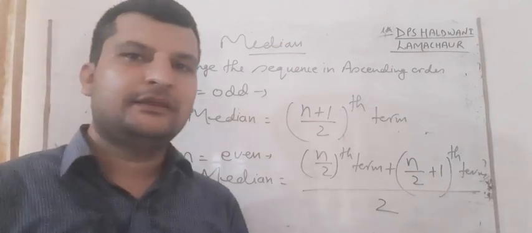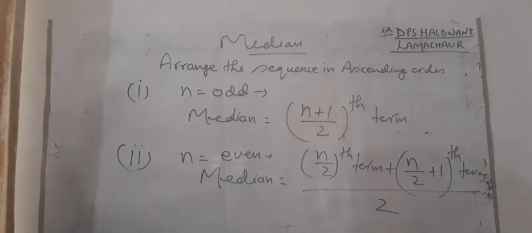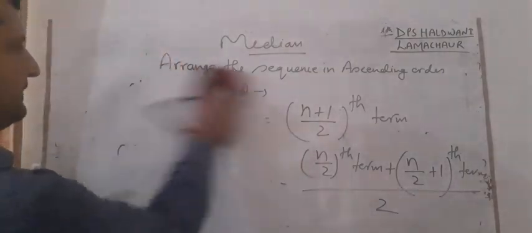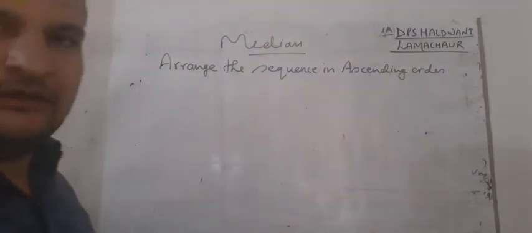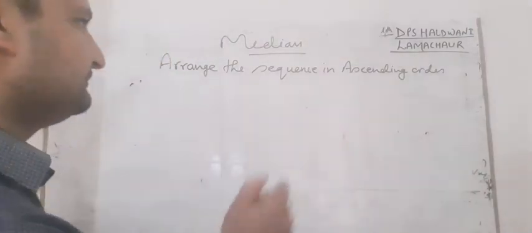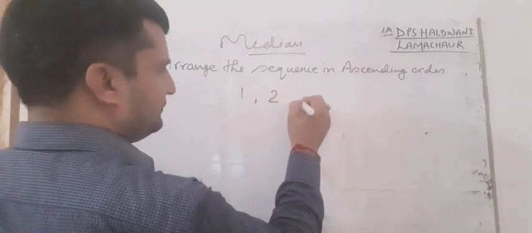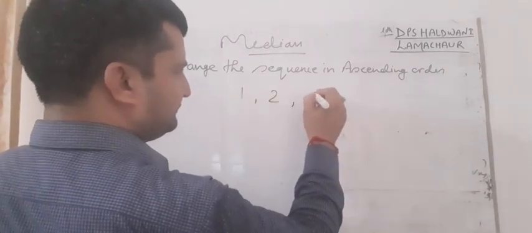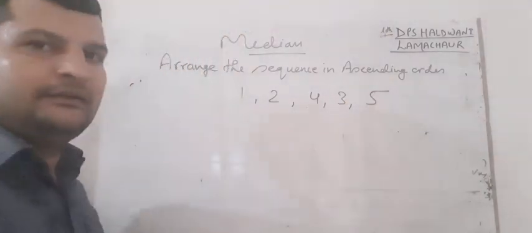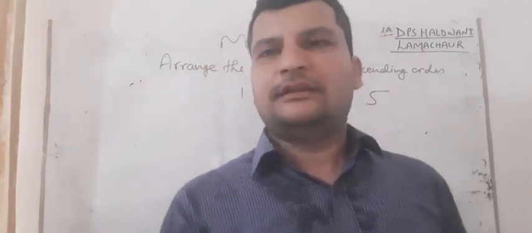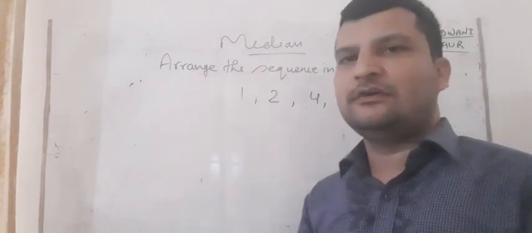So how we can find the median? Let us take an example. Now the example is, suppose a sequence is like this: 1, 2, 4, 3, 5. I have told you earlier that first we have to arrange the sequence in ascending order for finding the median.